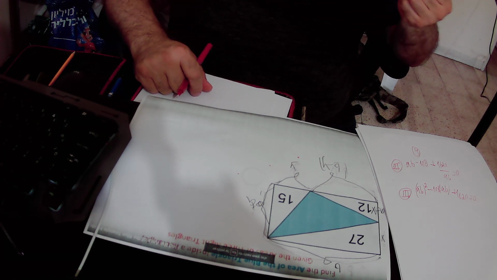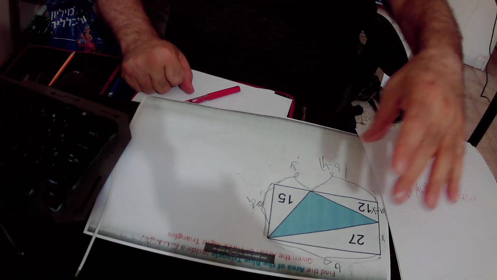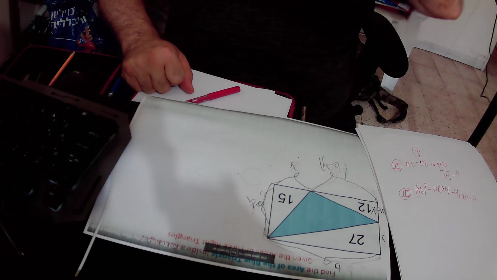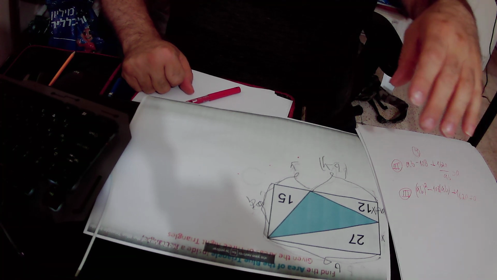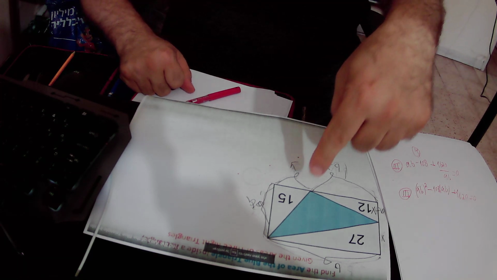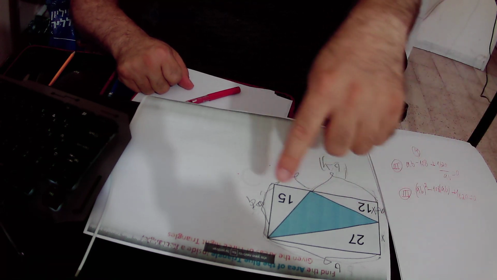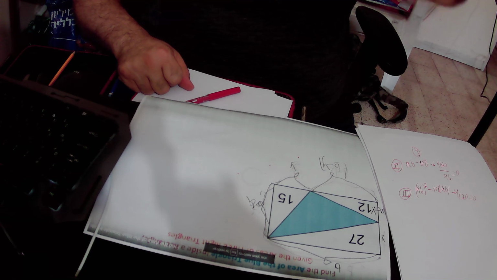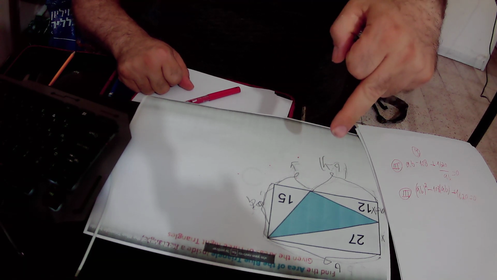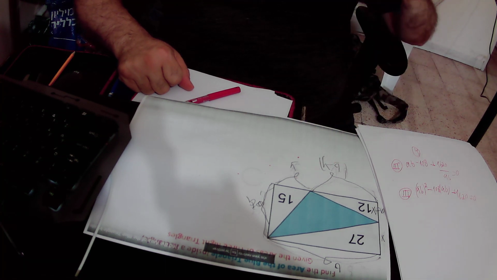And after we know the area of the rectangle, we will subtract the areas of the three triangles from the area of the rectangle, and this will give us the area of the blue triangle, and that is exactly what we are looking for.